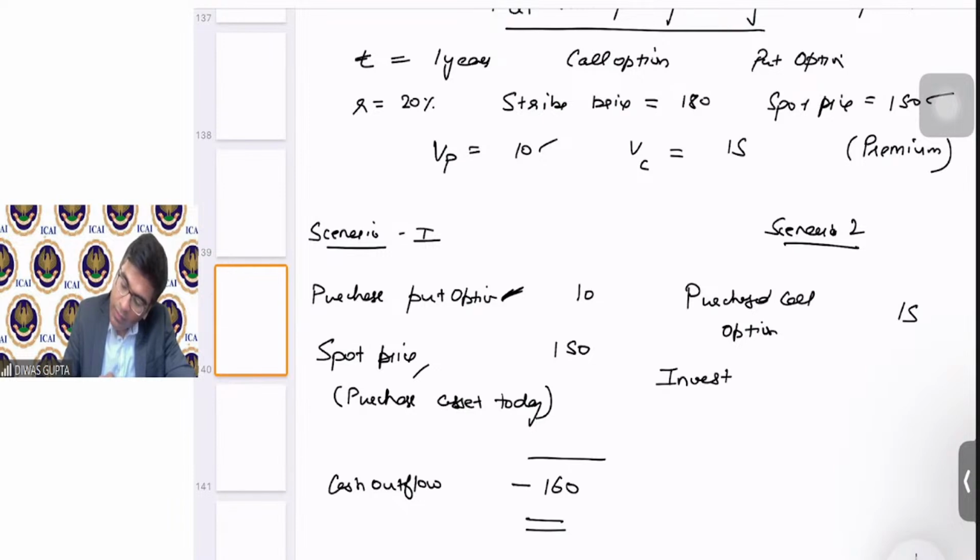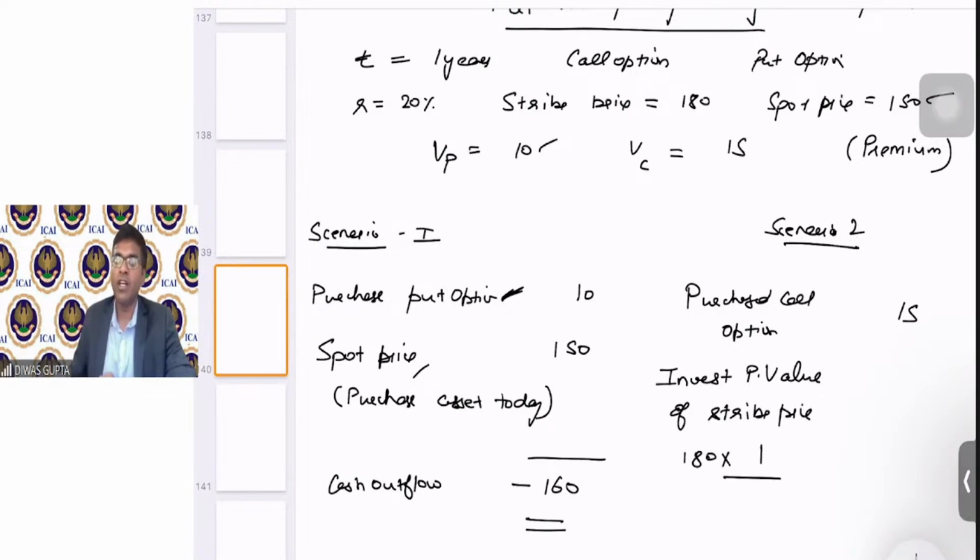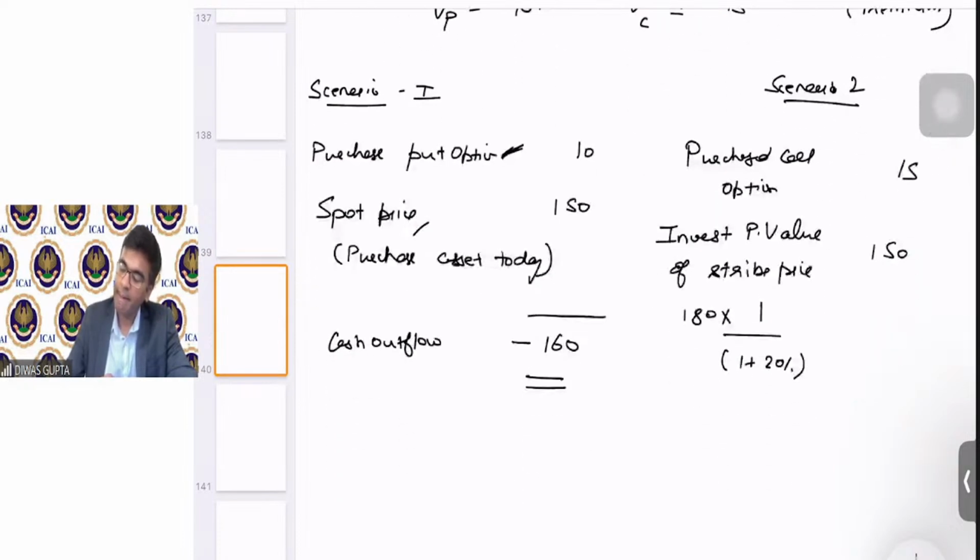Invest the present value of the strike price. What is the strike price? 180. How can we calculate the present value? By taking a 1 year before value, which is 1 plus 20%. So 180 divided by 1.20 is actually 150 rupees.